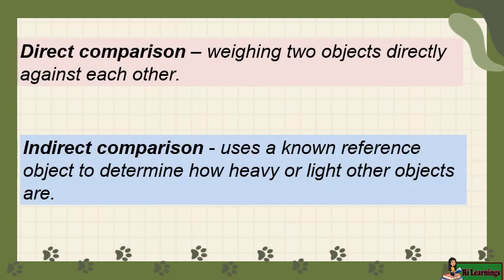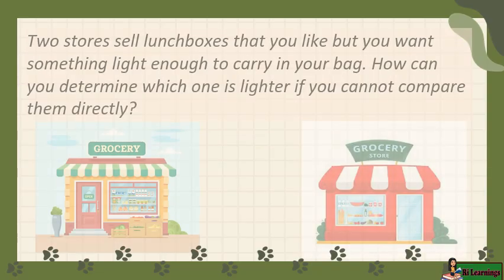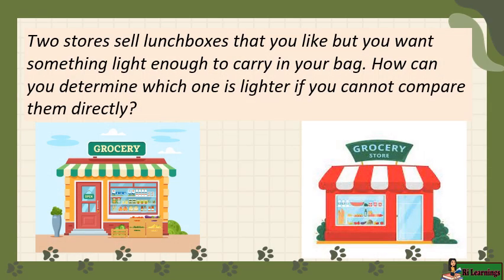Direct comparison, weighing two objects directly against each other. Indirect comparison uses a known reference object to determine how heavy or light other objects are. Two stores sell lunchboxes that you like, but you want something light enough to carry in your bag.